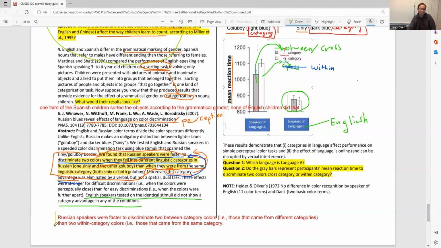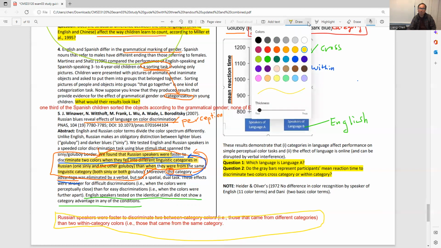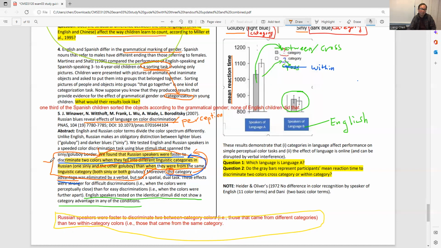So basically, what we see here is the same, okay, a paraphrase.